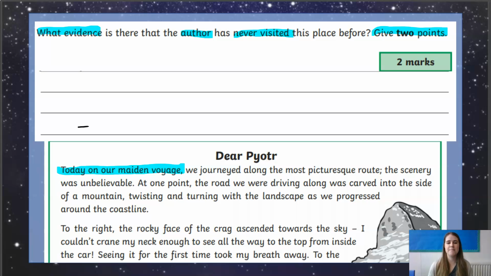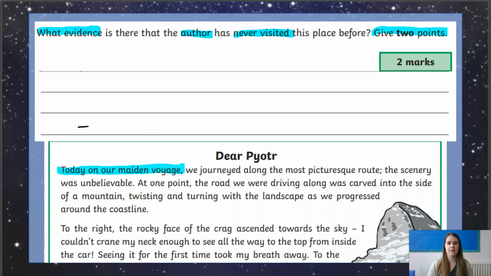When something is their maiden voyage, it means it's the first time they've set out. So the Titanic set off on its maiden voyage. That was its first ever trip as a passenger cruise liner, and obviously it never got to the end of its first ever maiden voyage because it sank to the bottom of the Atlantic Ocean. But a maiden voyage means first voyage.